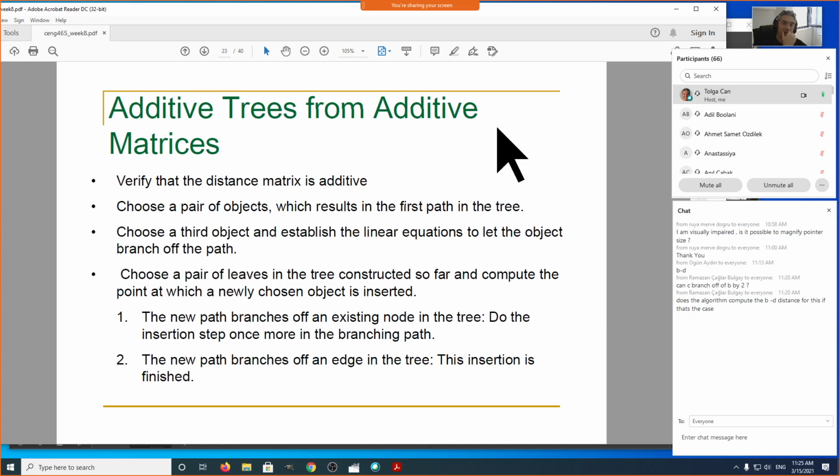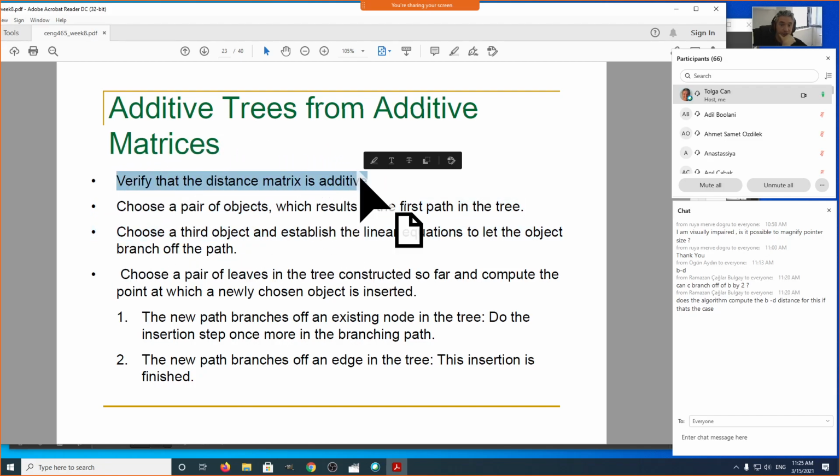Now, if we talk about the computational complexity of this algorithm, the first step is the verification of the matrix, whether it's additive or not.